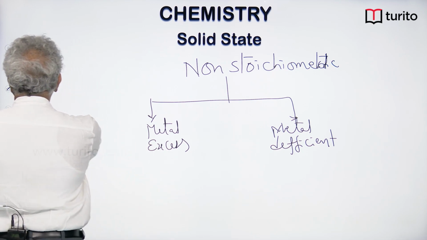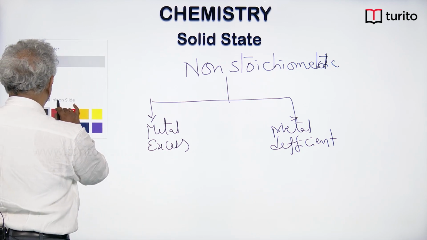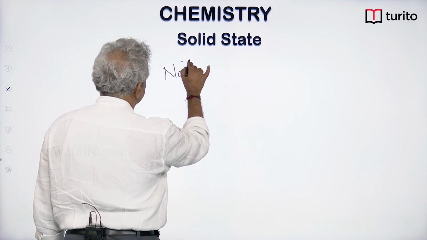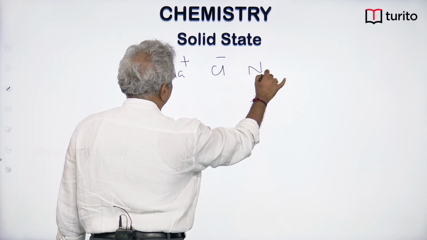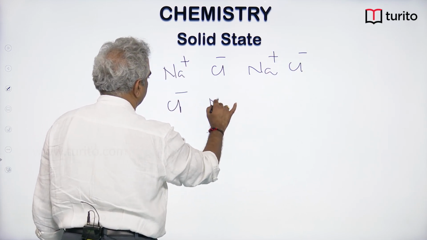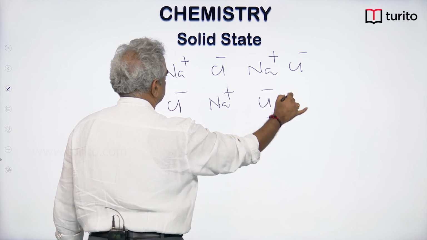So, before going into visuals, first let us try to understand. Suppose I have got some sodium chloride lattice like this, a very simple understanding: chloride, sodium plus, chloride, sodium plus.